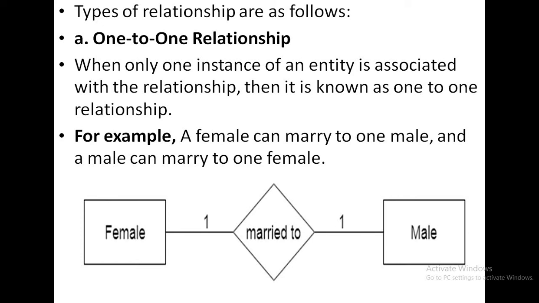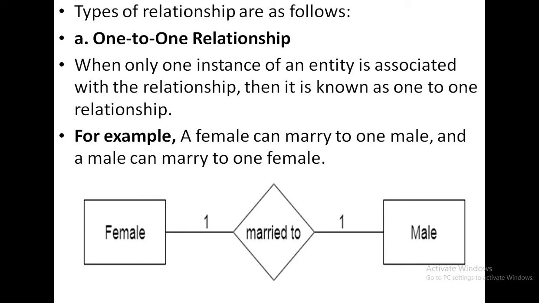So here the marriage is between one female and one male. That's why the relationship between the female and male is one-to-one. The married relationship is there between the two entities, one is female, second one is male.